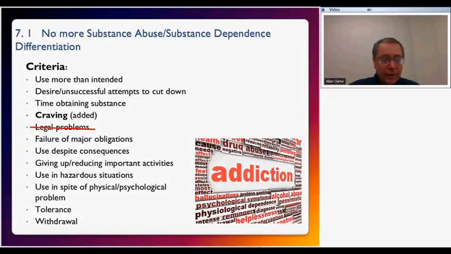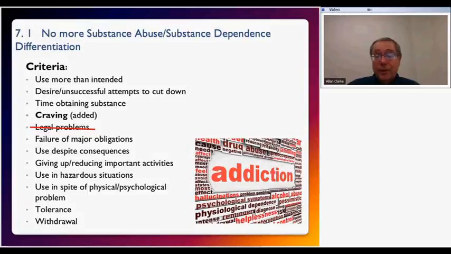So what I've done there is I've listed the 11 criteria. You'll notice I've crossed out legal problems. In the DSM-4, that was one of the criteria for making that diagnosis or clinical impression. How different parts of the world respond to a legal problem or the legal side of addictive behavior really varies across the world.